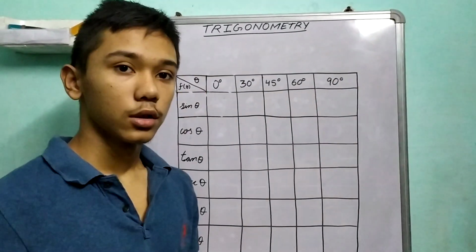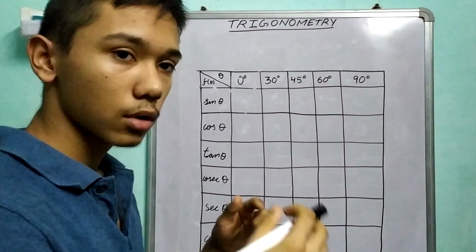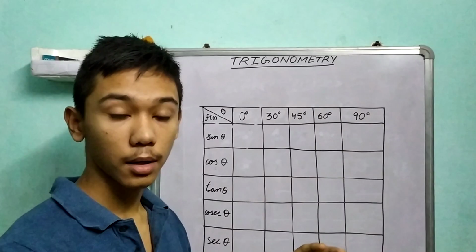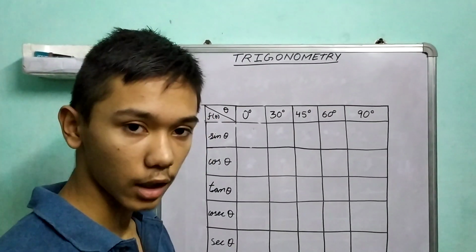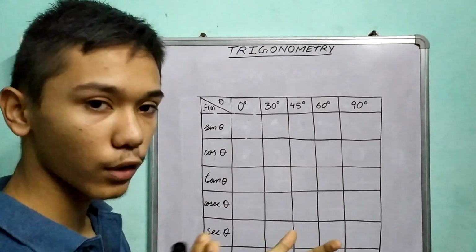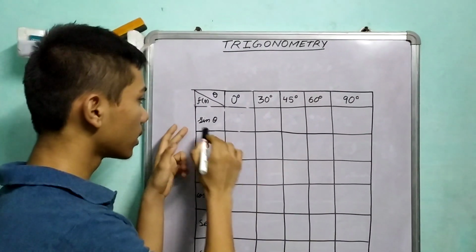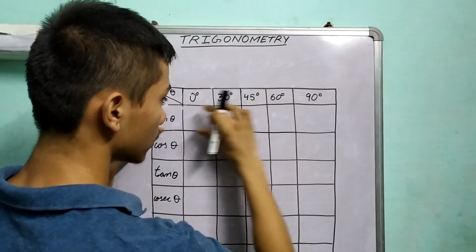Okay, so what I want you to do is go ahead, prove all these ratios, but only for sine theta. After you've done proving it, solve only for sine theta, so complete only this row.